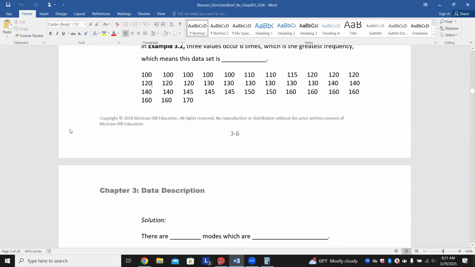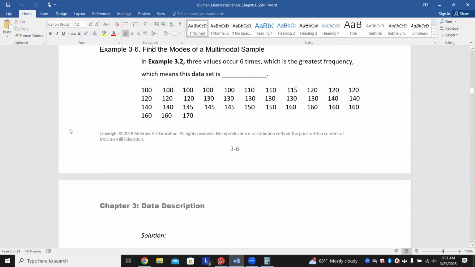So in example 6, 3 values occur 6 times with the greatest frequency, which means the data set will be multimodal.